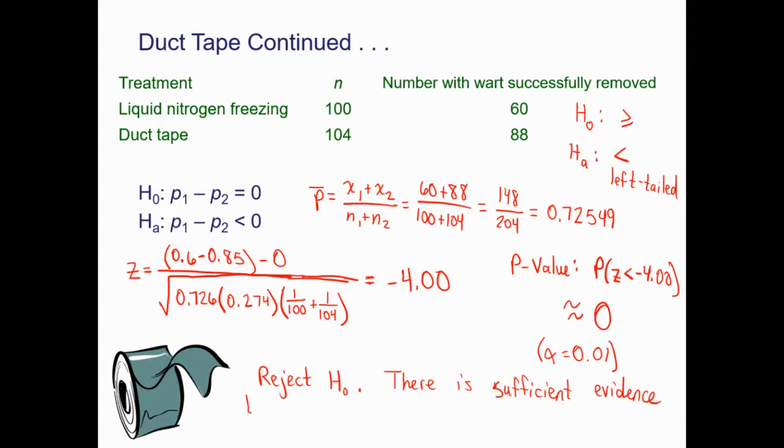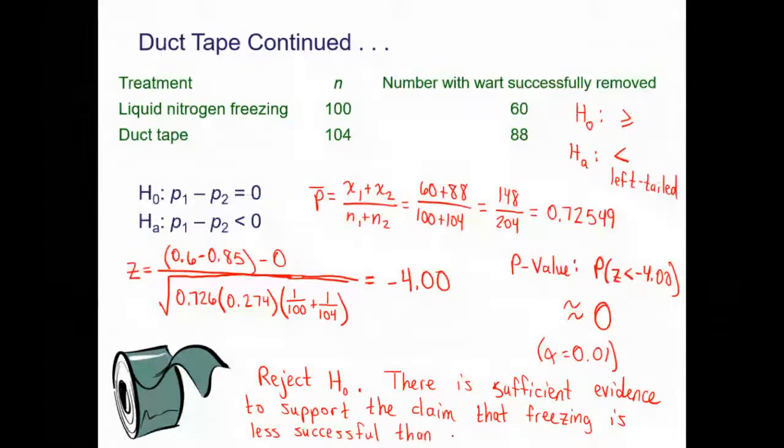There is sufficient evidence to support the claim that freezing is less successful than duct tape. I could add in removing warts, but I'm out of room.